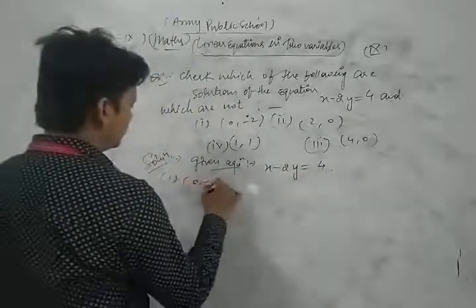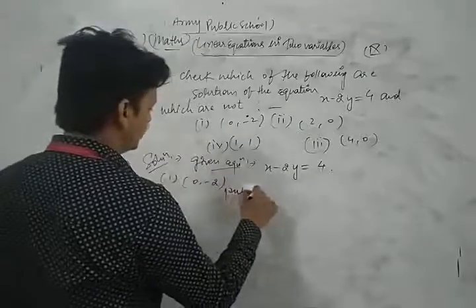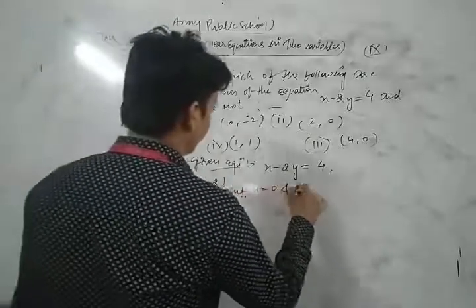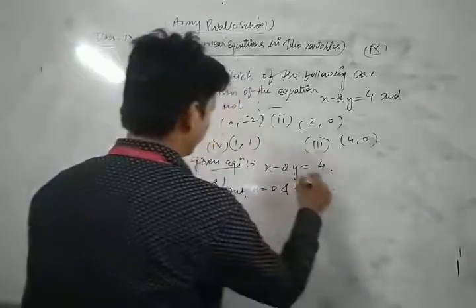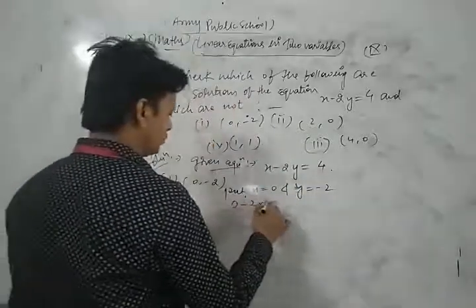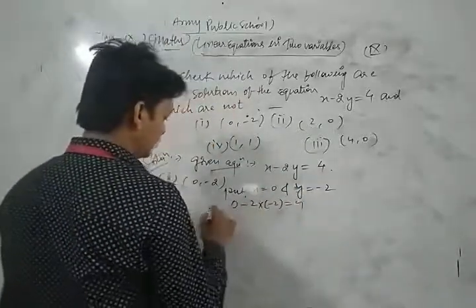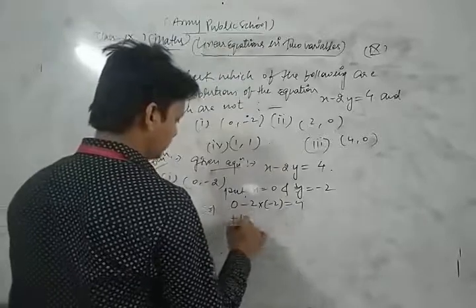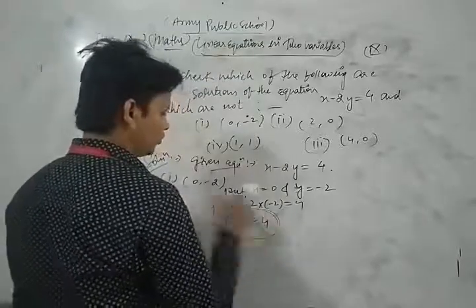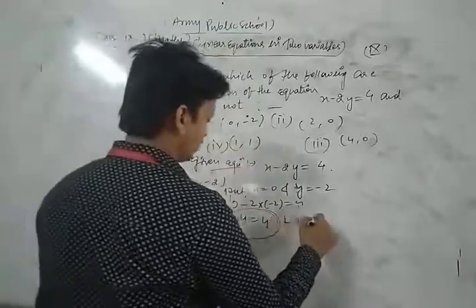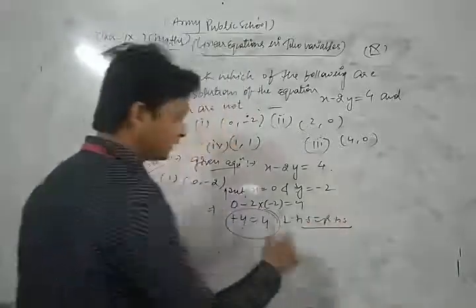This is (0, minus 2). So we put x is equal to 0 and y is equal to minus 2. So we get 0 minus 2 into minus 2 is equal to 4. That is, minus 2 times minus 2 gives plus 4, so 4 is equal to 4, which means LHS is equal to RHS.